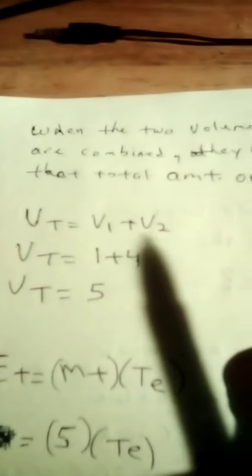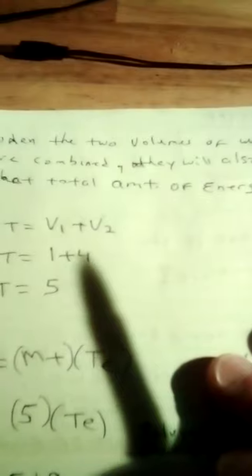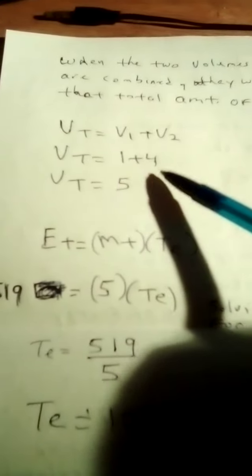And here, when the volumes of water are combined, they will also have that total amount of energy when you mix them together, so the volumes will be 1 and 4, and that makes 5.